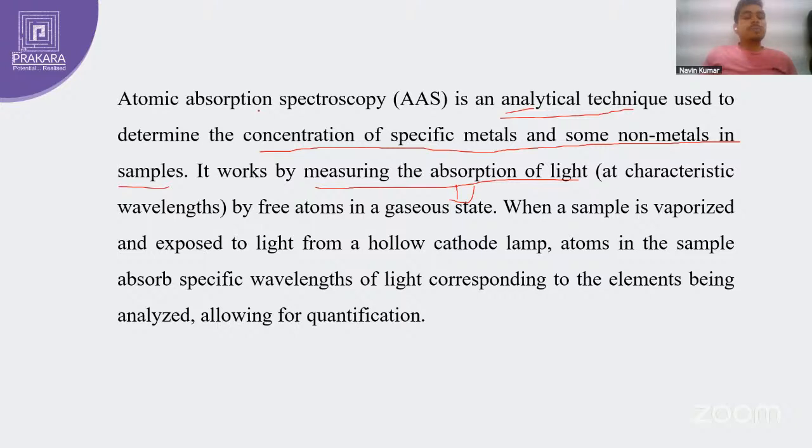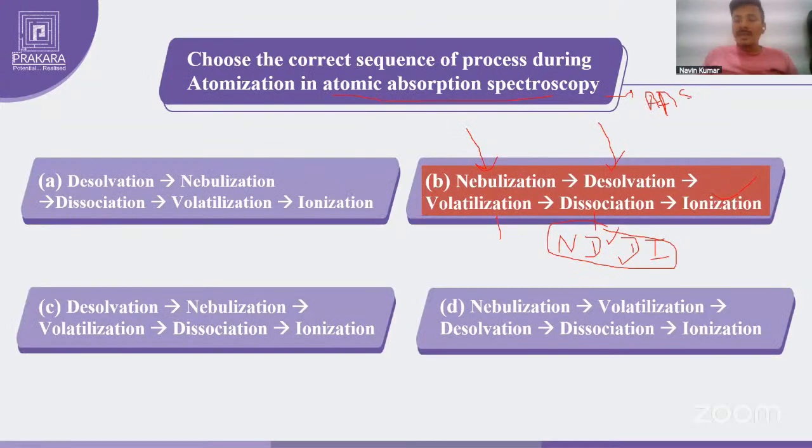But there is one condition: before measuring the light absorption, the compound must be in a gaseous state. So remember, in atomic absorption spectroscopy, your sample should be in a gaseous state, meaning it must be ionized. So ionization will be the last step. It will ionize, and after that, you will get your absorbed light and your quantification data.